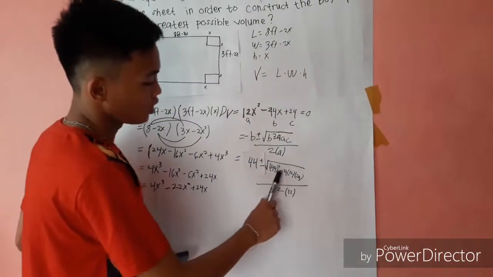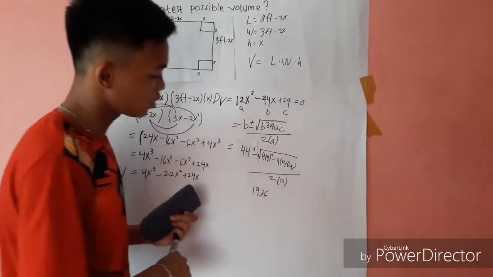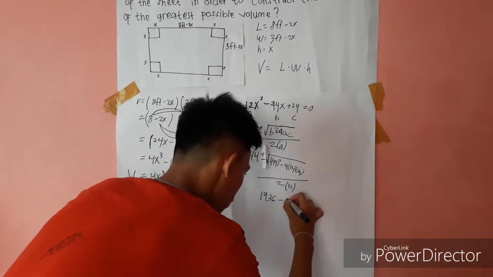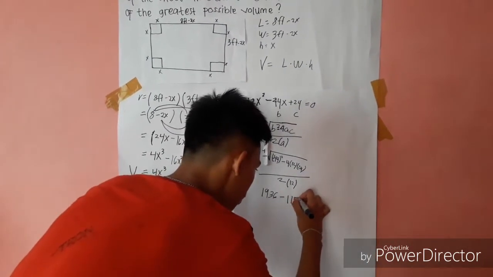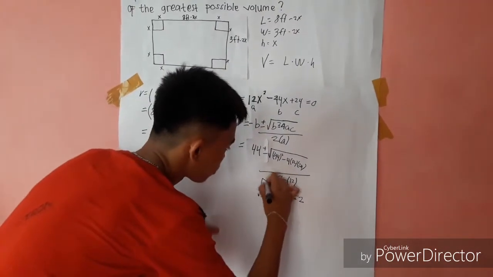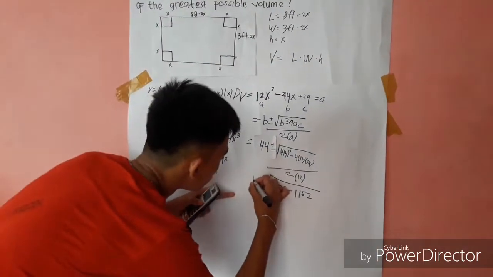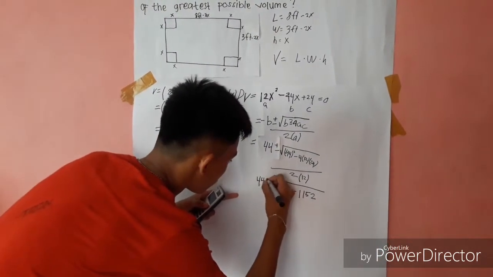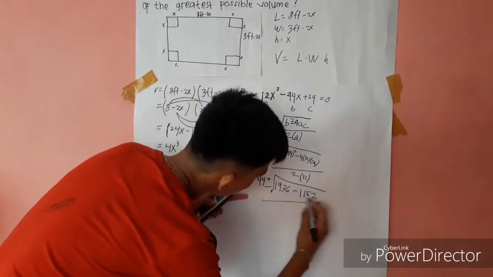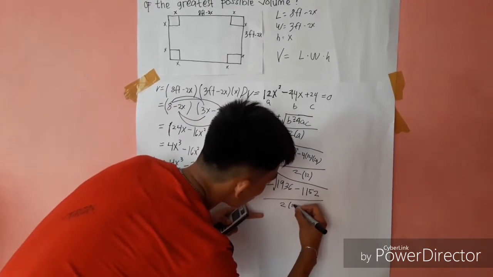Next step, negative 4 multiplied by 12 and 24, so it becomes minus 1152, and then copy the square root, copy 44 and plus and minus, and all over 2 times 12.